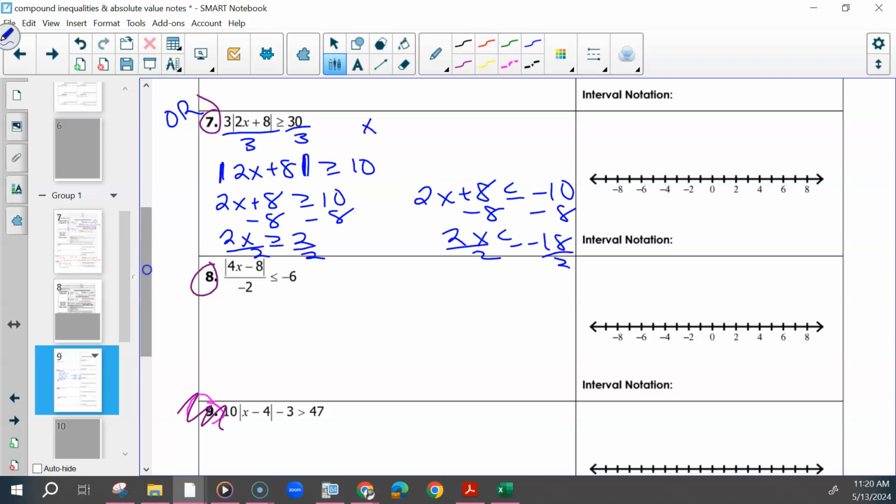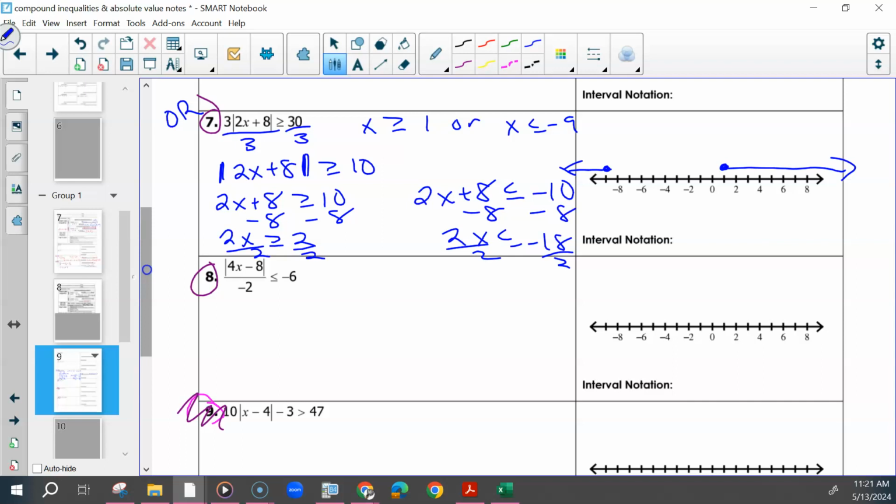We have x is greater than or equal to 1, or x is less than or equal to -9. If at any point you're dividing by a negative, make sure you change the direction of the sign. So x is greater than or equal to 1, close to the right, and then less than or equal to -9, close to the left.